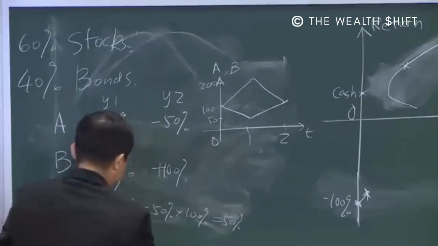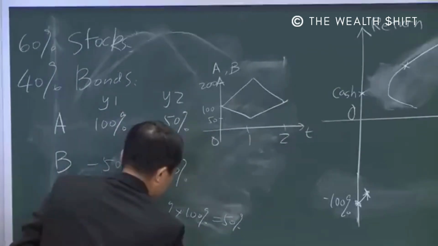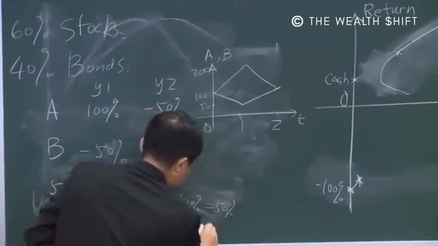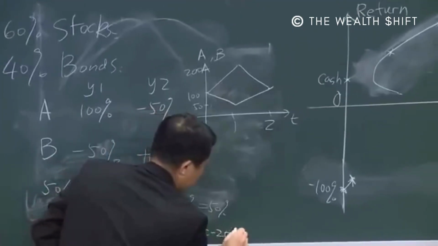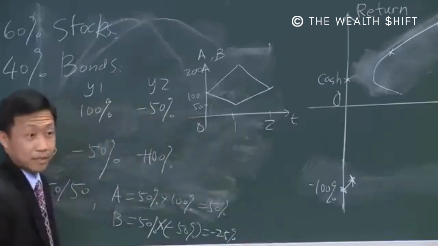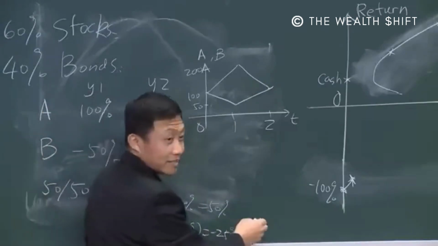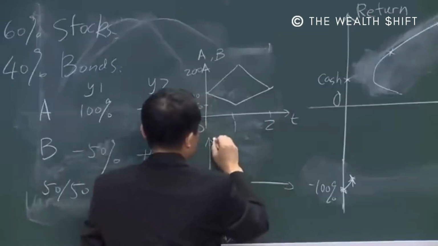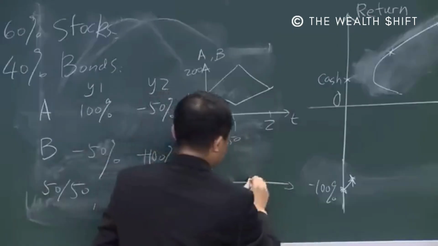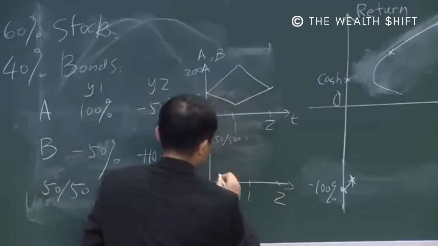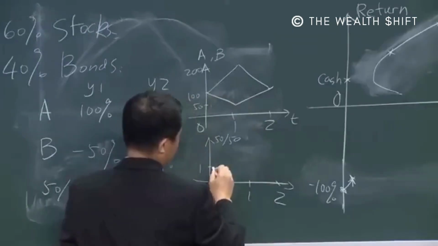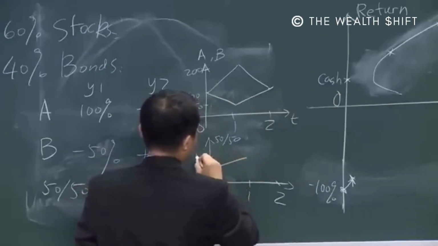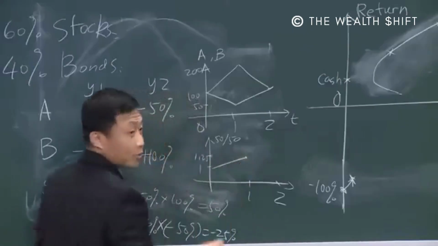B, you also weight 50%, but it goes down 50%, so you have lost 25%. So this is the combined 50-50 portfolio, year one and year two. You started with 100, and you're up to 1.25 at this point.